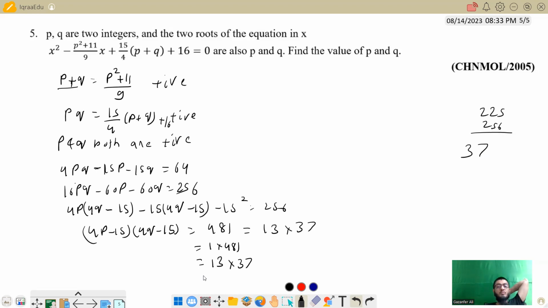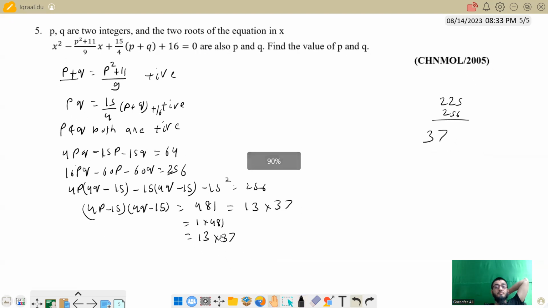This can also be equal to minus 1 into minus 481, or minus 13 into minus 37. So what are the possible values?